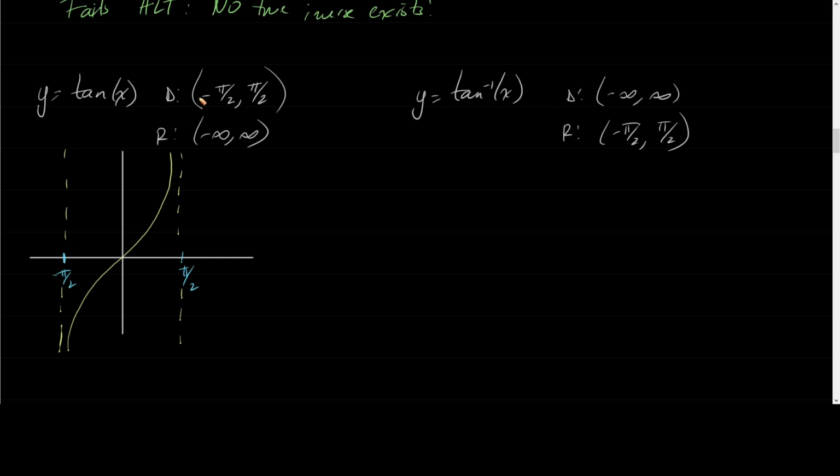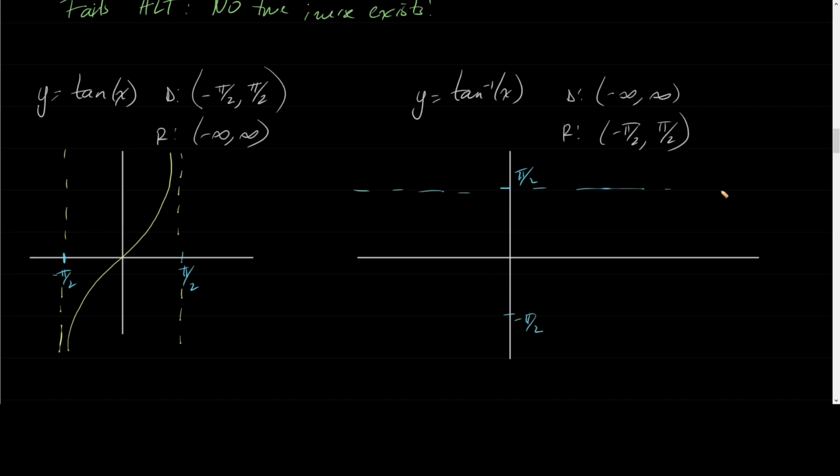Now, what would the graph of tan inverse look like? Well, it goes as follows. Let's try that again. So it would now have these vertical asymptotes of negative pi over 2 and positive pi over 2 become horizontal asymptotes at those exact spots, at pi over 2 and then negative pi over 2.